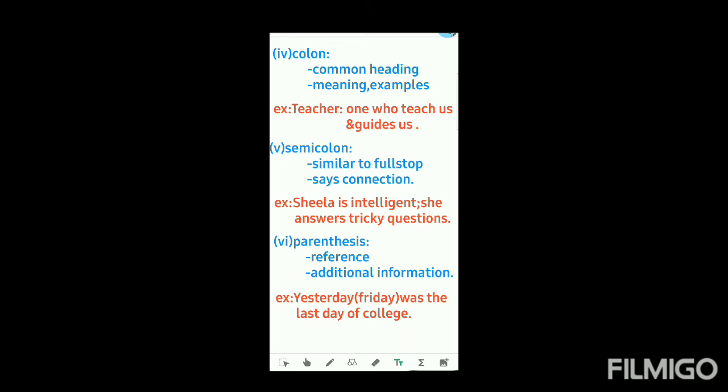Heading. One who teaches and guides us, one who molds us, one who guides us in a good way, good path, one who preaches knowledge or gives knowledge to us. All these sentences are relevant to or give the definition of teacher. So I have given a common heading teacher followed by a colon.